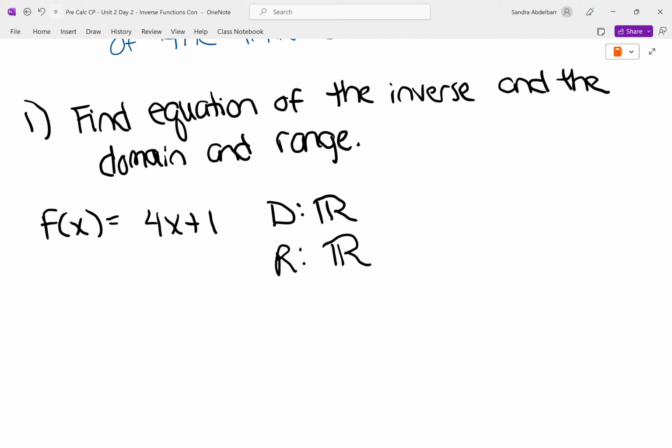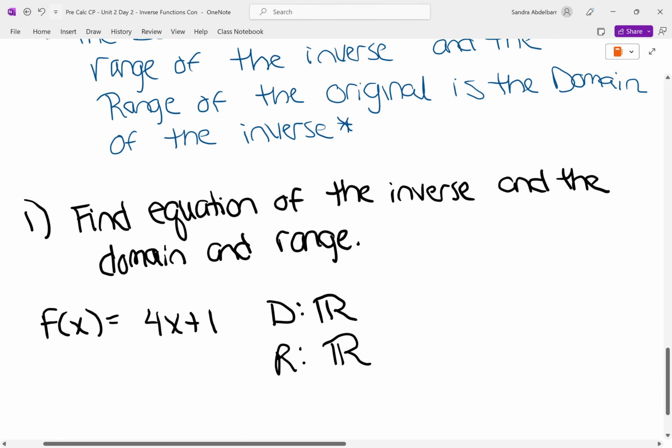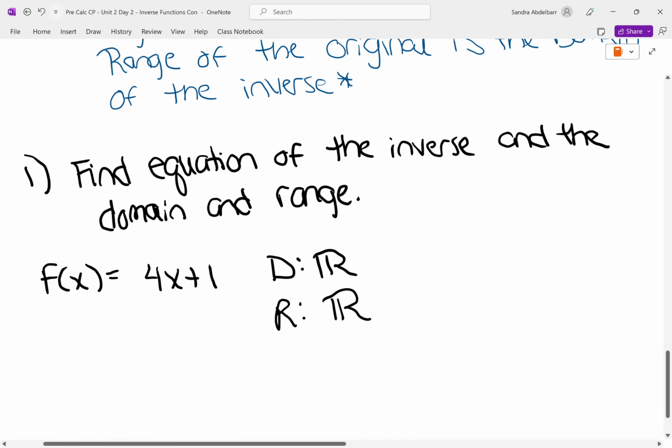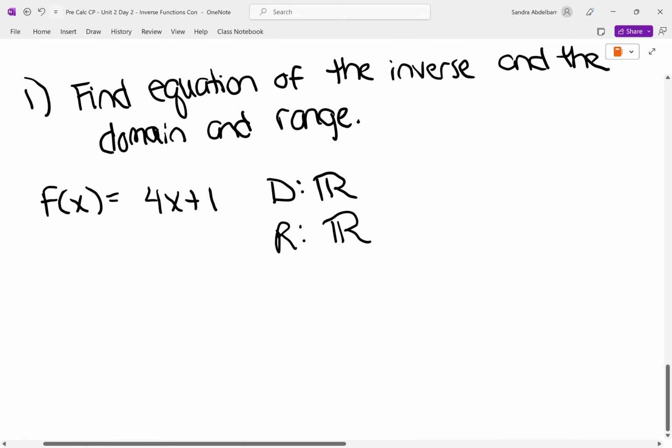Okay, so here we have f of x equals 4x plus 1. My directions to find the inverse, I told you to switch x and y, then solve for y. There's no y here. Where's the y? Gianna? Good. Remember, guys, isn't f of x interchangeable with y?